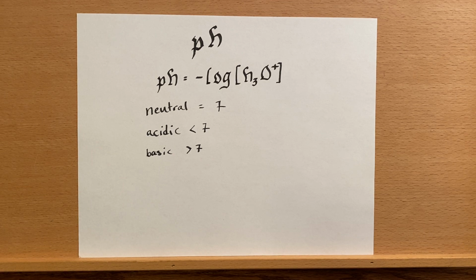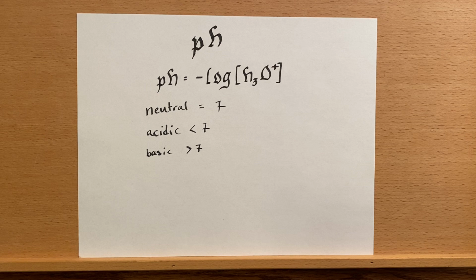And then your very strong bases can be all the way up from between 13 and 15. Generally, they don't go up too much higher than 14. And usually objects or solutions are not down to pH 0 that often. So that's just a little bit about the pH scale.